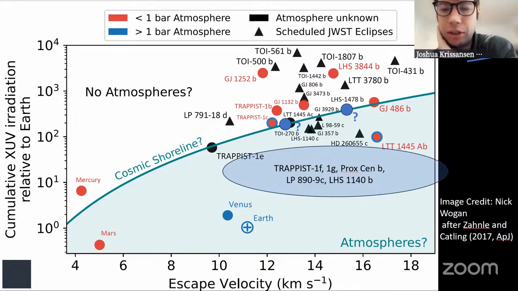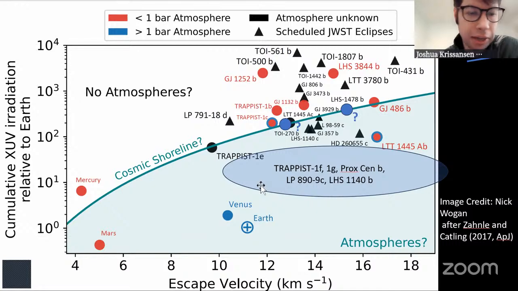I haven't plotted their exact positions, but the other outer planets in the TRAPPIST-1 system, LP 899c, LHS 1140b, are all kind of in this less irradiated regime where you might expect them to have held onto atmospheres, and so potentially good targets for observations.